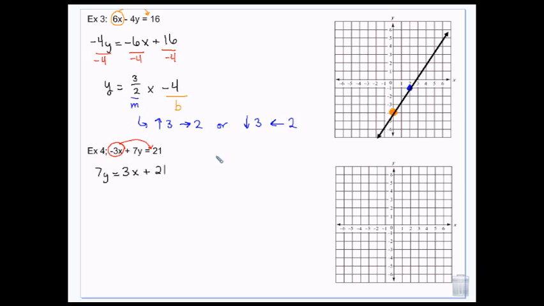And then we have to divide by 7. So we get y equals 3/7 x. We just make that a fraction. 7x plus 21 over 7, which would be 3. With the b, we usually try to break it down.